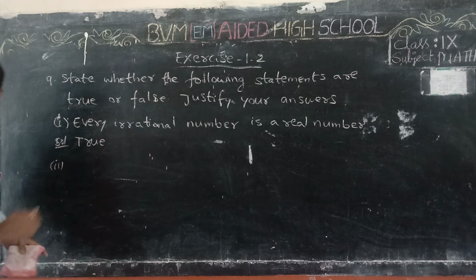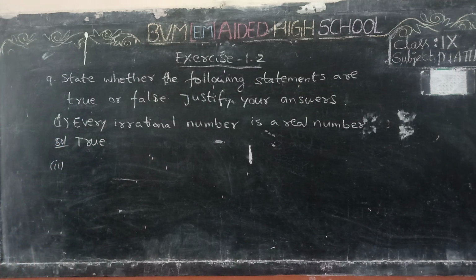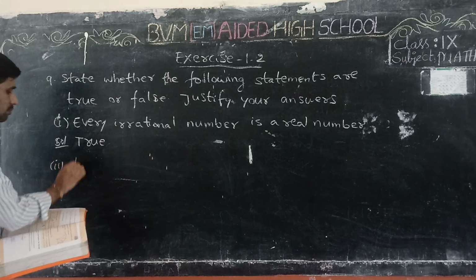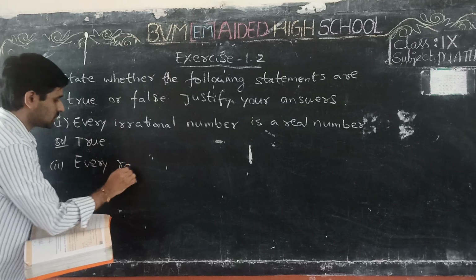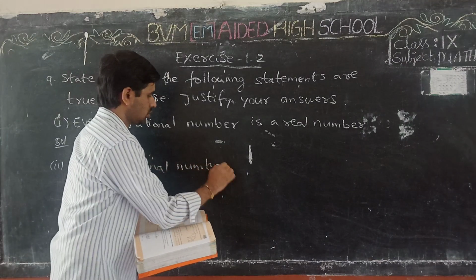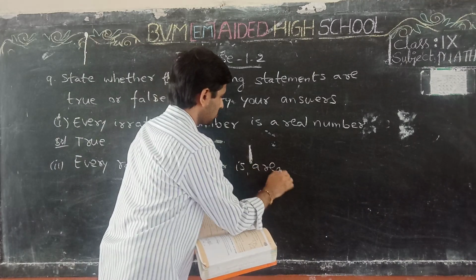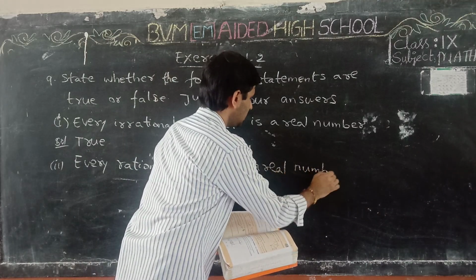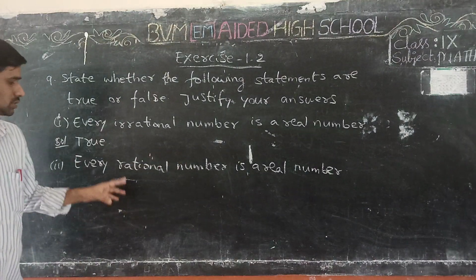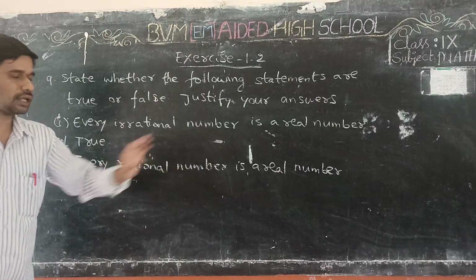Second one, every rational number is a real number. We already discussed this. All the rational numbers and irrational numbers, this collection is the real number set.